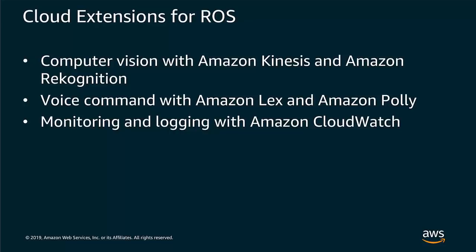And then for monitoring and logging what exactly is going on on your physical robot or your robots in your fleet, we have a cloud service integration with Amazon CloudWatch. We'll take a look at some of these different cloud service integrations working in simulations a little bit later in the presentation.